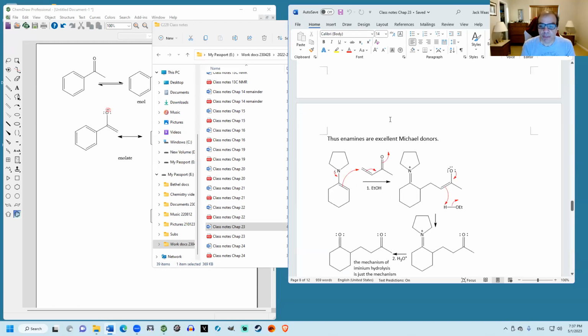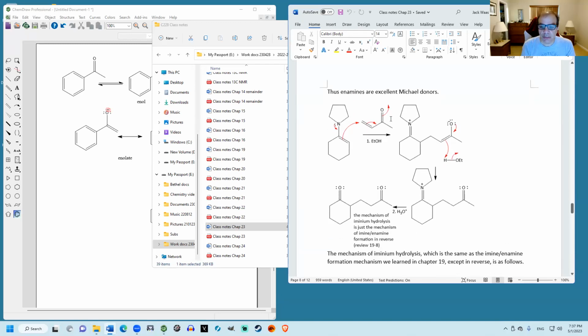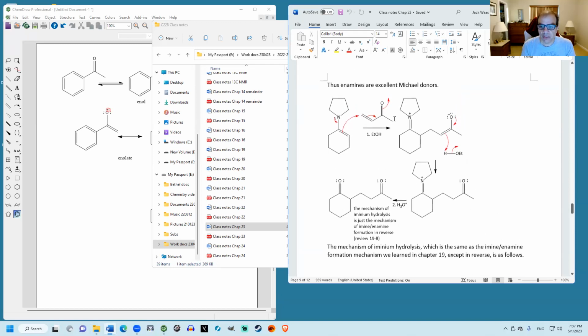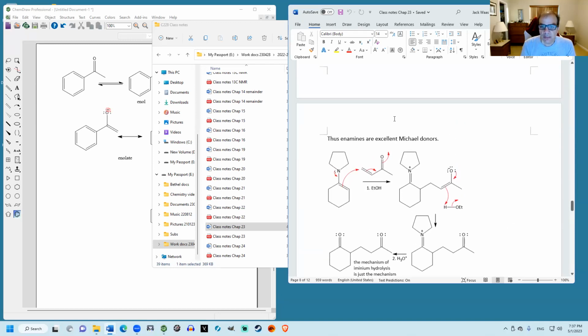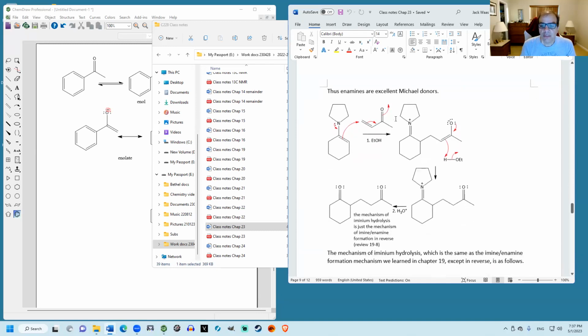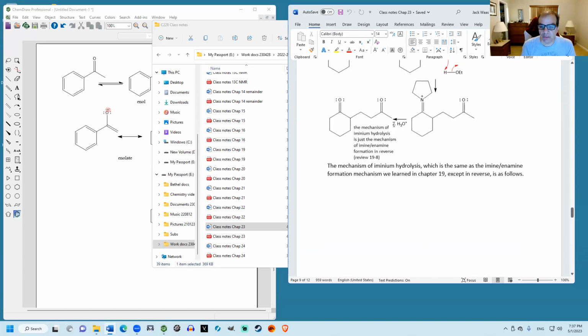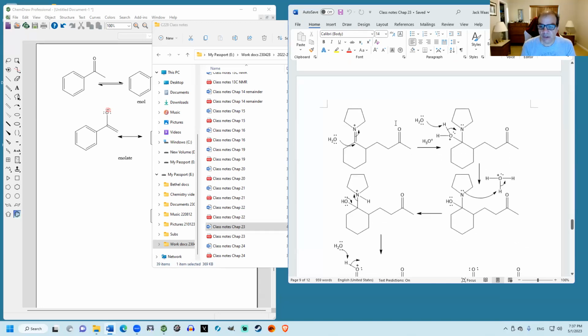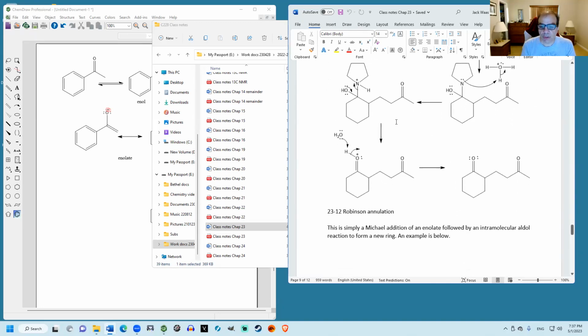Anyway, then we talked about the Stork enamine reaction. And that's just another example of a Michael addition. We basically said enamines react just like enolates do. And there's your mechanism of iminium hydrolysis.